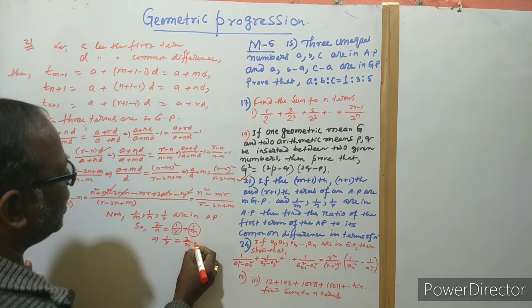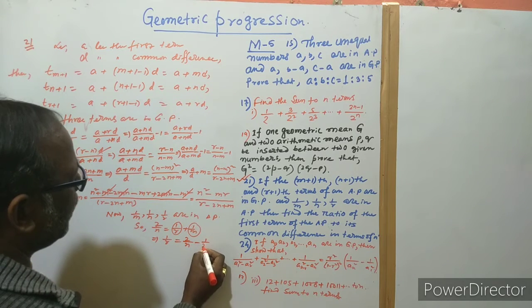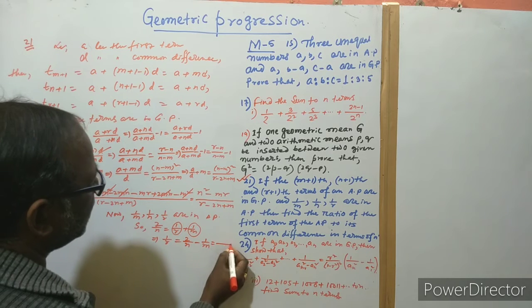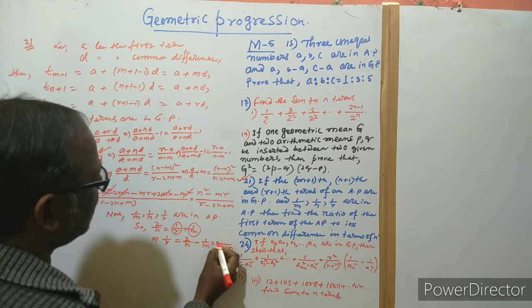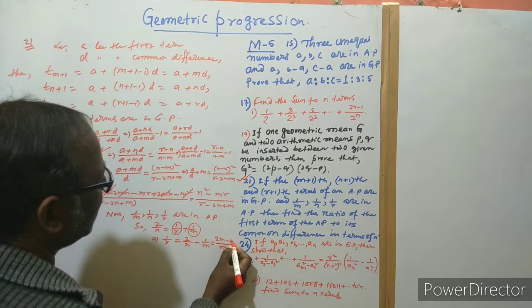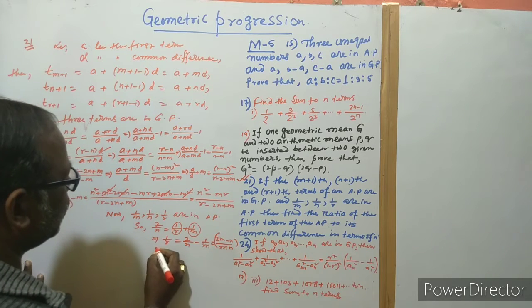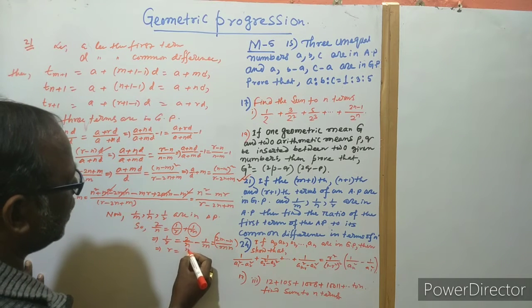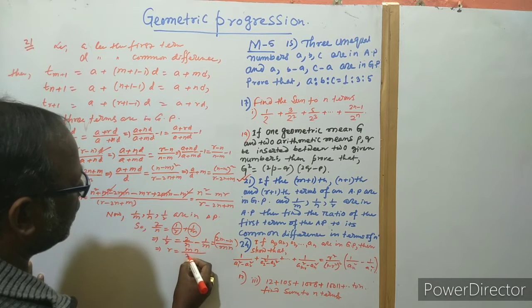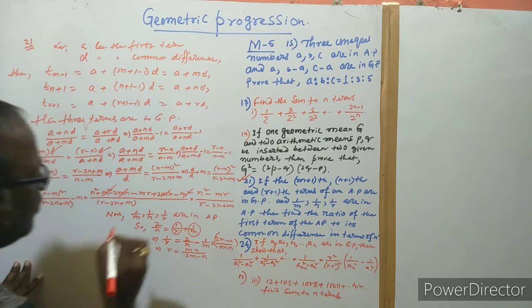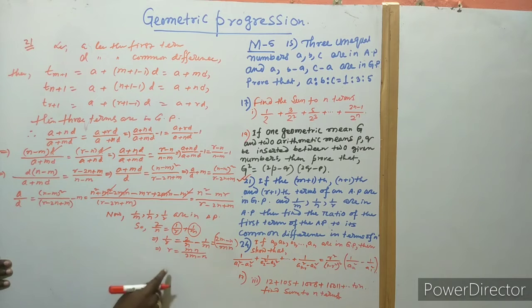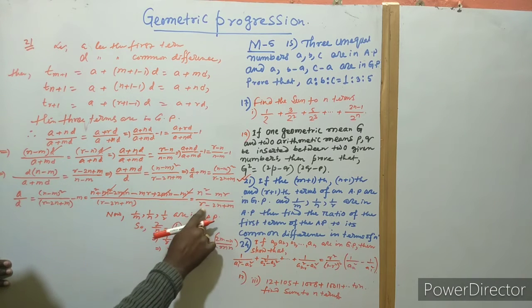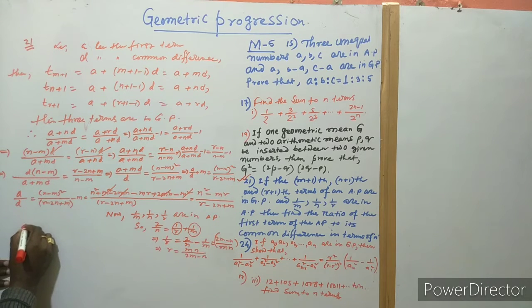This is 2 by n, and this is 1 by m. Take the LCM: this is mn, and this is 2m minus n. So therefore r is equal to mn by 2m minus n. Substitute the value of r in this place and this place. Then what do we get?